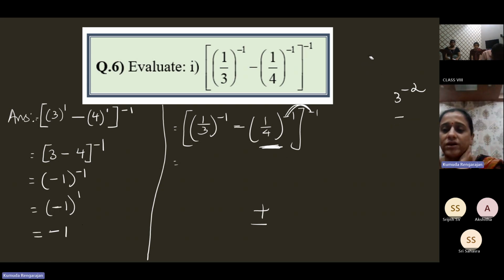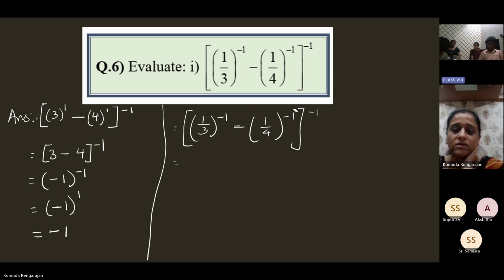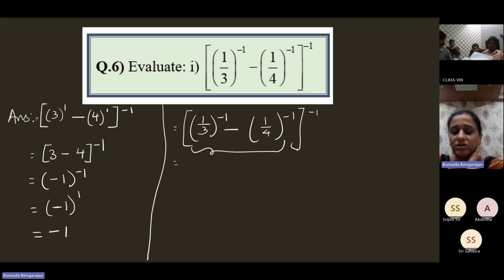See, I know you're not convinced. In very, very simple words, see here. Look at this expression in the bracket. What is the operation? Minus, no? If the operation is a minus or a plus, you need to simplify this and then apply this power -1.